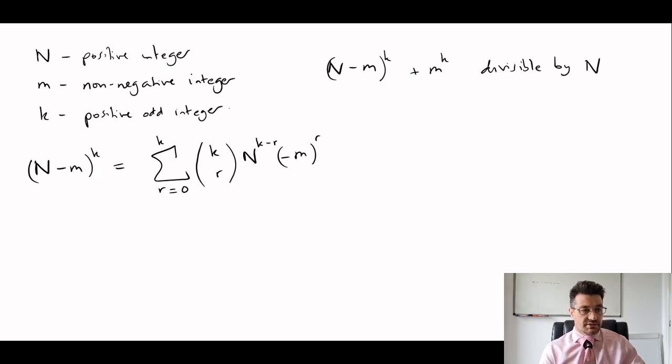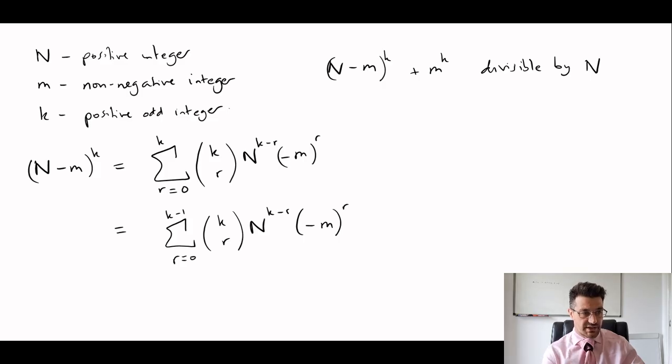Okay, so this is equal to the sum from r equals 0 to k minus 1 of k choose r, n^(k−r), (−m)^r.